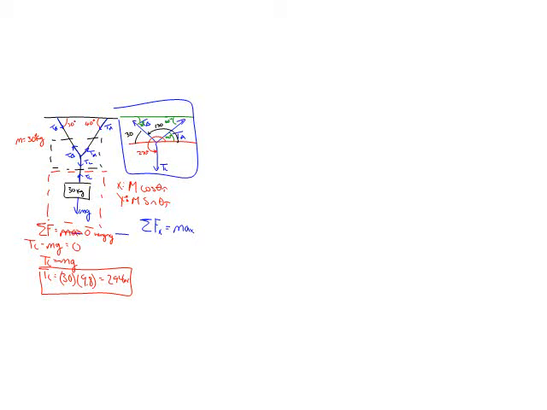Just looking at this, we've already labeled them. The stuff in blue. So we have TA, TB, and TC, right? Those are our forces. We're going to look at it in the x direction, so we'll do the x components for each one of those. And it's equal to ma. What's a in this case? 0, because it's hanging.